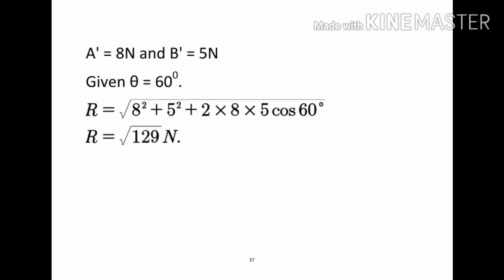Then to find the resultant of these two new vectors, again we can use R is equal to root of A square plus B square plus 2AB cos theta. So by substituting, R is equal to root of 8 square plus 5 square plus 2 into 8 into 5 cos 60 degrees. By simplifying this, you get R is equal to root 129 Newtons.